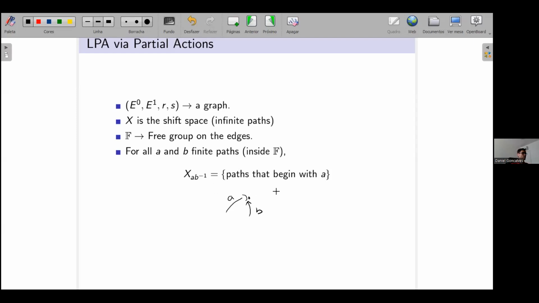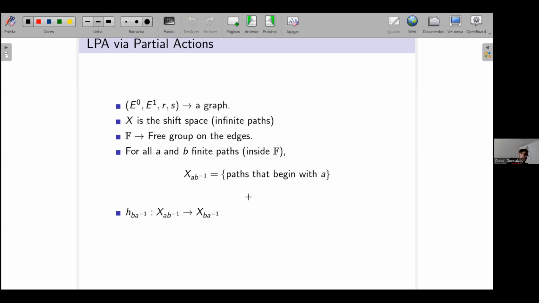Then I look at all paths in the graph that begin with A, X_{AB^{-1}}, and I have a map from X_{BB^{-1}} to X_{AB^{-1}}, which just does what? I have a xi here. I just erase this A and I place a B in front, because this xi is in the follower set of A, which is the same as the follower set of B. So this is a map here, h_{BA^{-1}}.